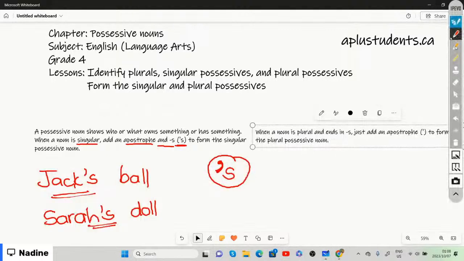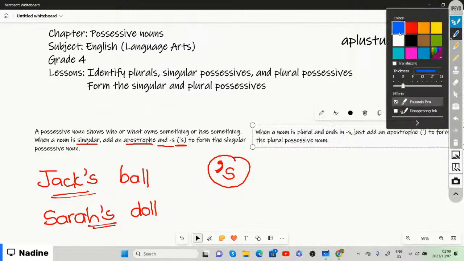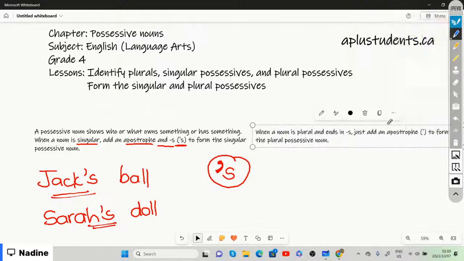All right. And when a noun is plural, referring to more than one person, place, animal, or thing, and the noun ends in S, then we just add an apostrophe, only the apostrophe, and there we have an example in the bracket to form the plural possessive noun.